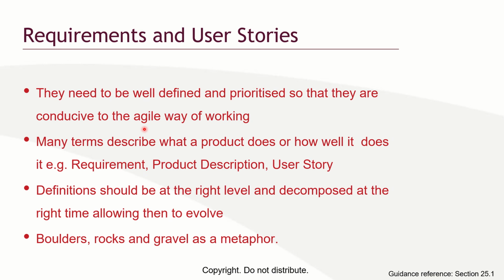That is a user story. What a product should do and how well it does the job is what forms a user story. It can also be part of the product description and can also be a requirement.